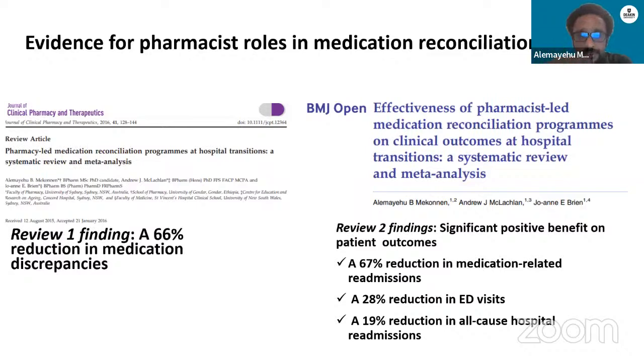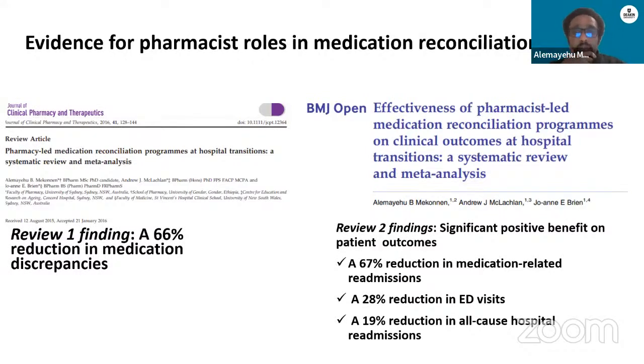As you know, medication discrepancies are process outcomes. They don't show you hard outcomes. They don't show you whether those discrepancies cause patient harm or not. They don't show you the real problem. So I also checked whether these medication discrepancies have an impact on clinical outcomes like hospital readmission, mortality, or adverse drug events.